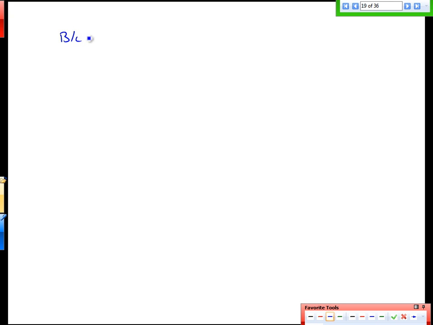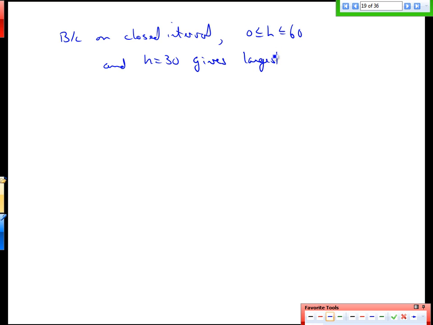So because we're on a closed interval with 0 less than or equal to H less than or equal to 60, H equals 30 gives the largest area out of all the critical points and endpoints.